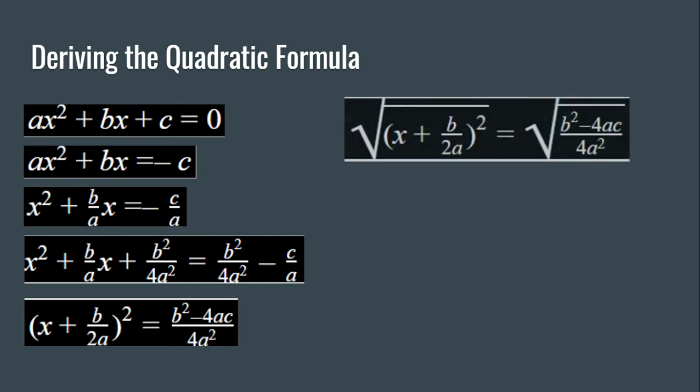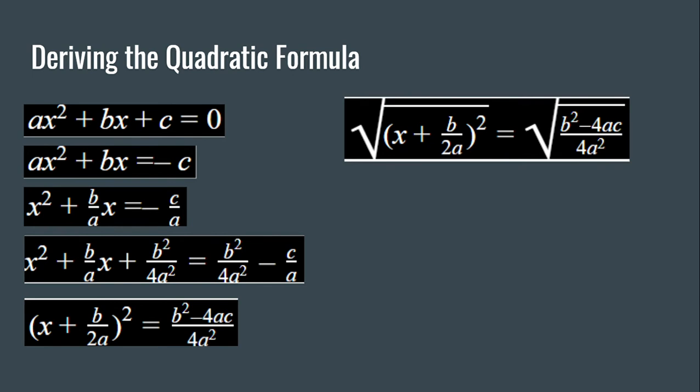So I'm going to square root both sides. Okay, pretty simple here. Now when you square root a perfect square, they actually cancel each other out. It's like how addition and subtraction are opposites, or multiplication and division are opposites. So squares and square roots are opposites of each other. They'll cancel each other out.